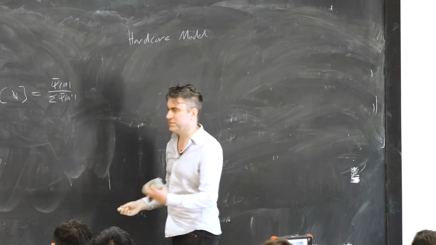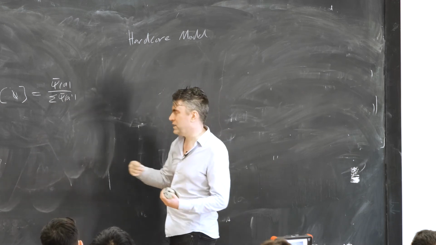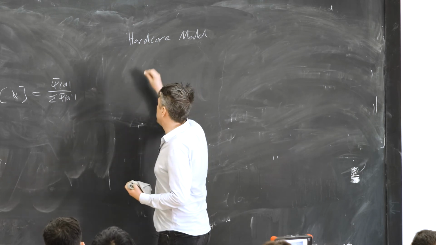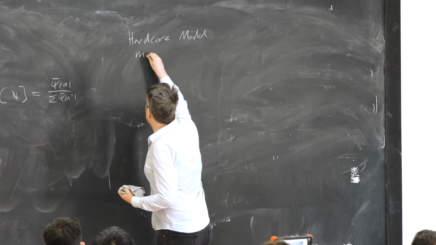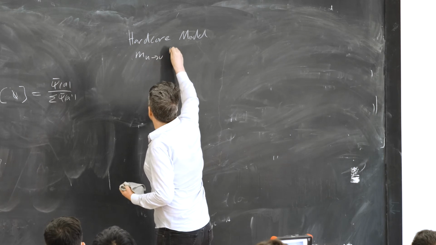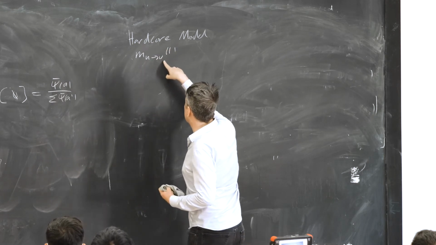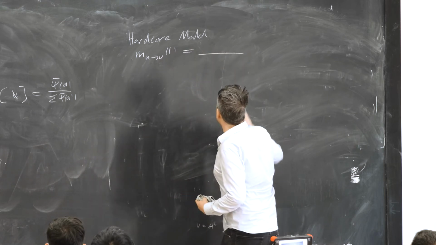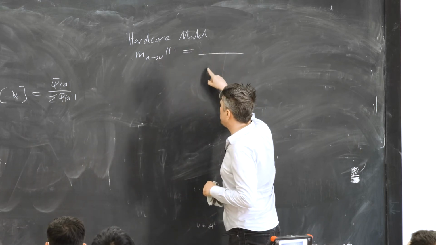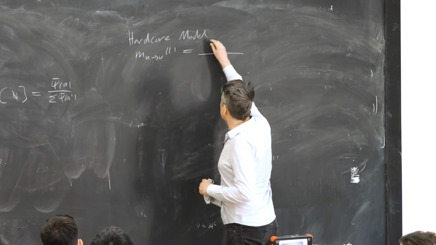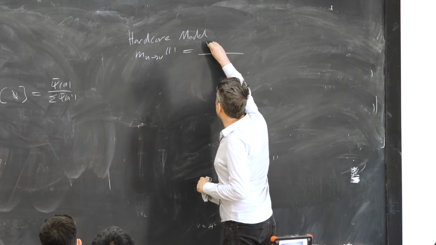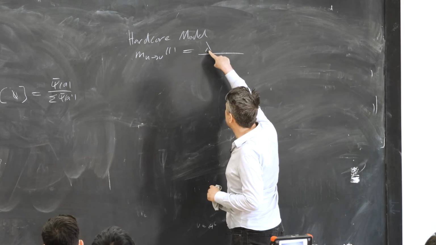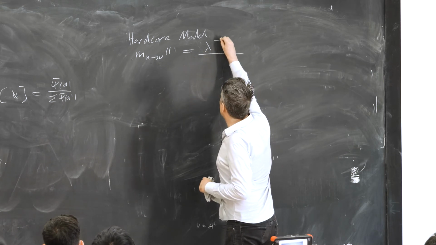Then, okay, the messages are just, so M, the state space, is just 0 or 1. So it's enough to just look at the message from U to V of 1. And psi bar of 1 is lambda.